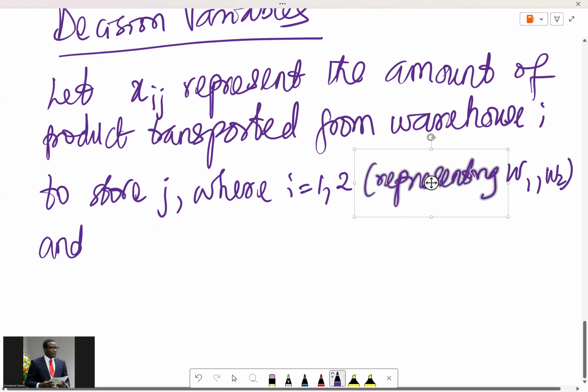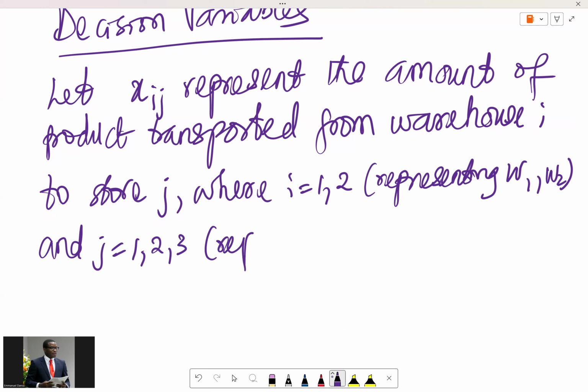And j, which is 1, 2, 3, represents the stores S1, S2, S3.